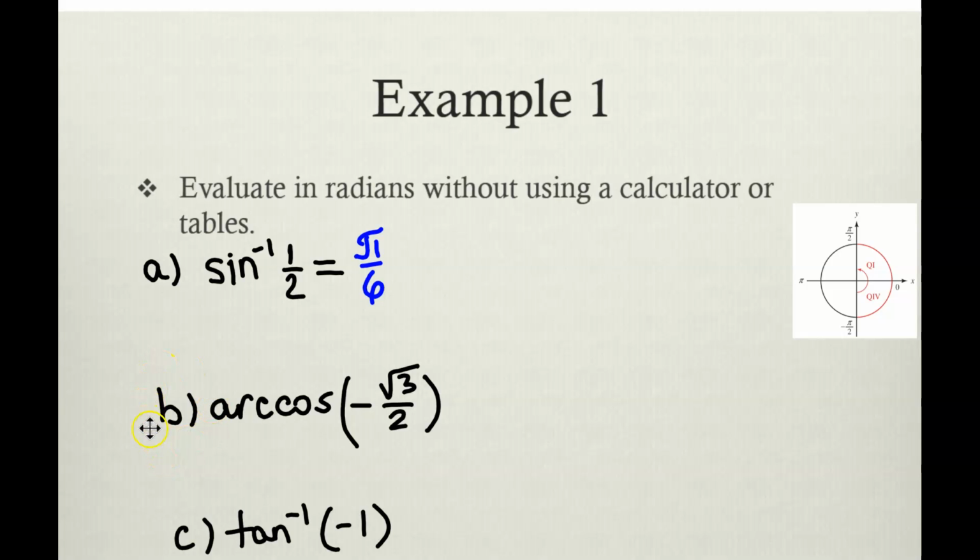In the next part, part B, we need to find cosine inverse of negative radical 3 over 2. Remember, the inverse cosine function is restricted for quarters 1 and quarter 2, for the angle between 0 and pi.